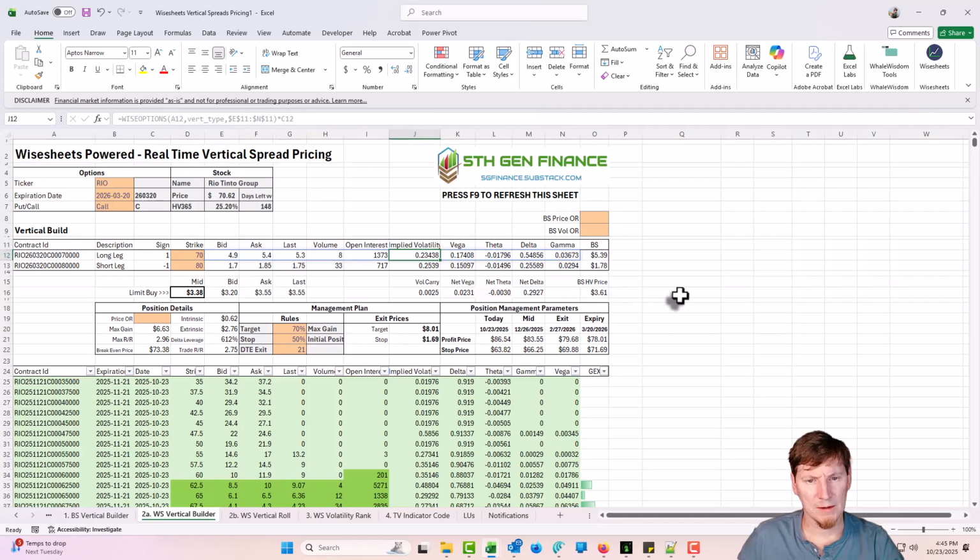We've got lower implied vol on our long leg than the short leg. That's a good guy because that means that short leg is premium, so that's going in your pocket to offset the cost of the leverage. And the long leg is at a discount to its HV 365, so it's implied vol over 365 days.